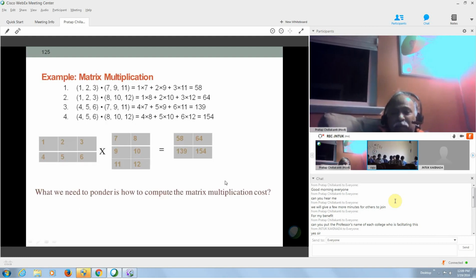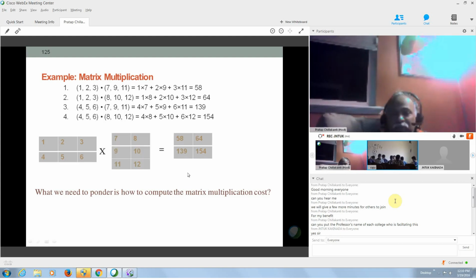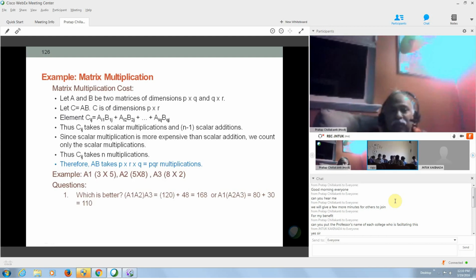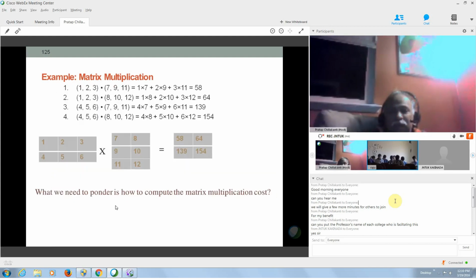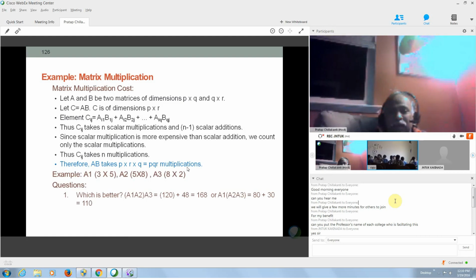I don't remember. So this is the matrix multiplication, right? For those of you who forgot matrix multiplication, row times column, you get the value, right? Row times column, that's where you get the value. So here is the full example here.